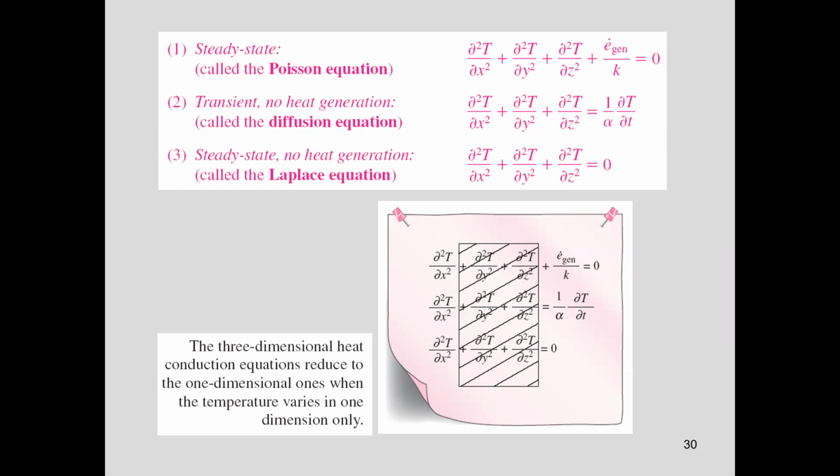The three-dimensional heat conduction equation reduces to the one-dimensional ones when the temperature varies in one dimension only. So we basically do away with the y and z axes.